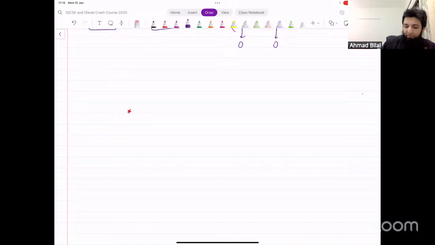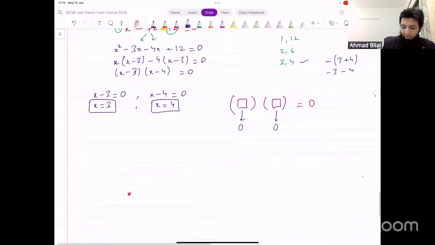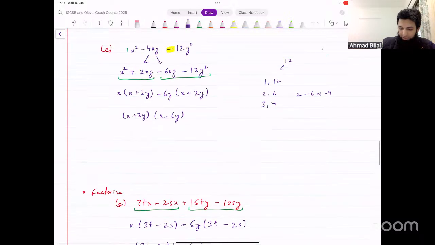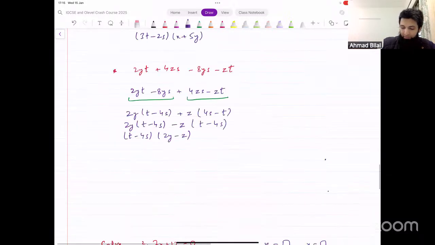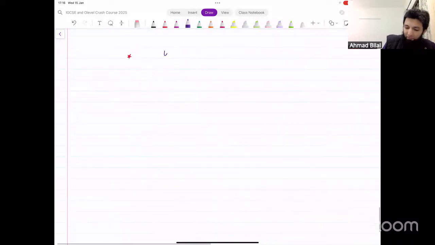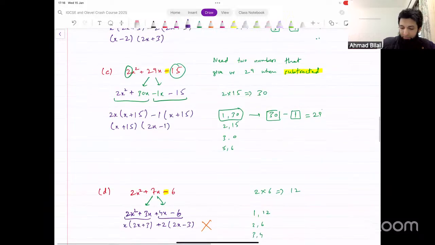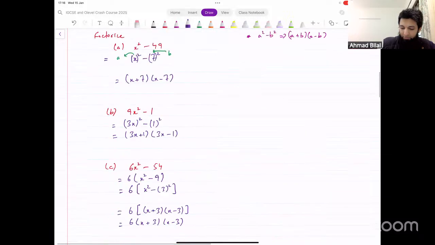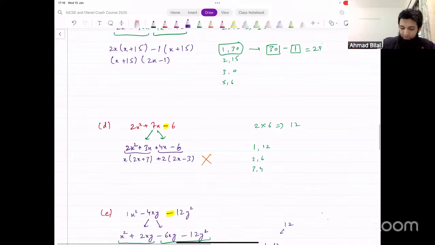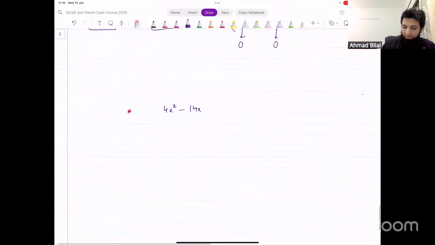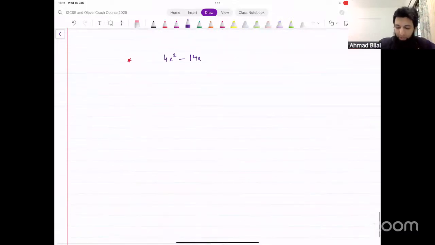Let's just take one of the examples that we had before. 4x squared minus 14x plus 14x minus 12 equal to 0.